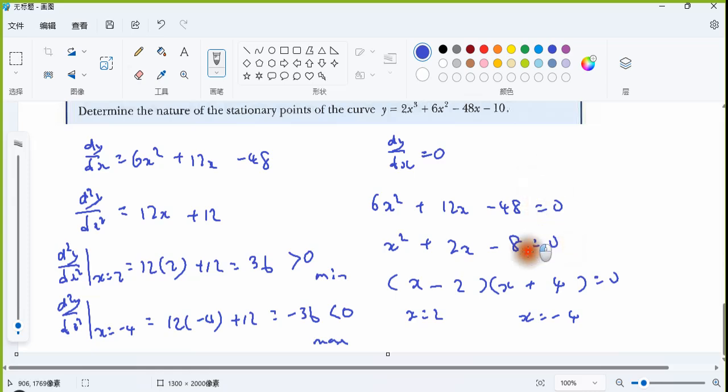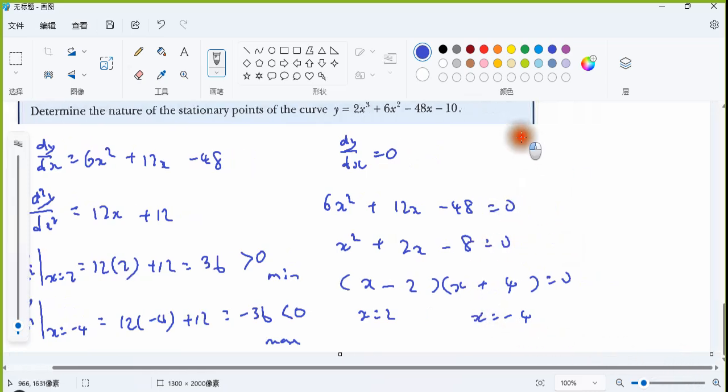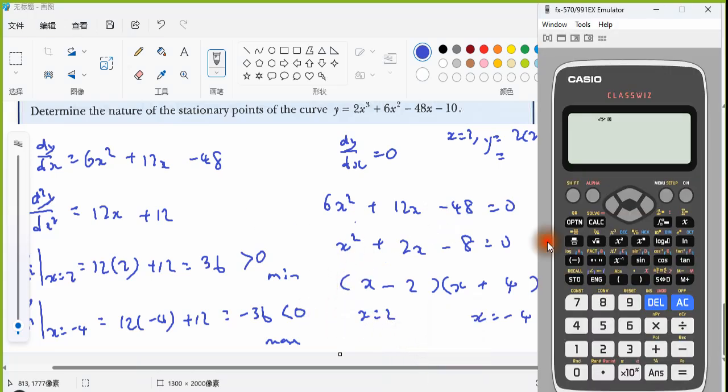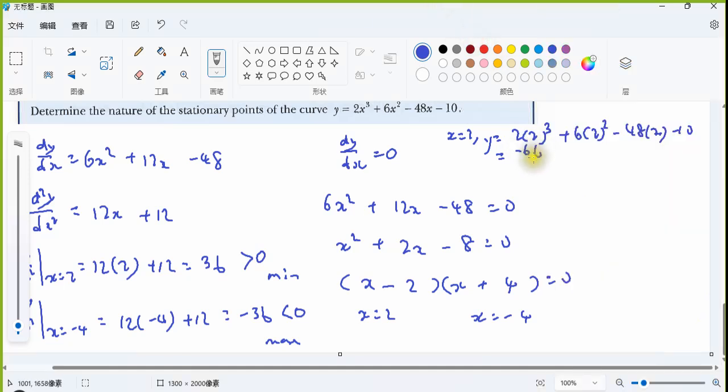Okay, so for this one, when x equals 2, y equals 2 times 2 cubed plus 6 times 2 squared minus 48 times 2 minus 10. The function is 2x to the power 3 plus 6x squared minus 48x minus 10. When we substitute with 2, we have negative 66.